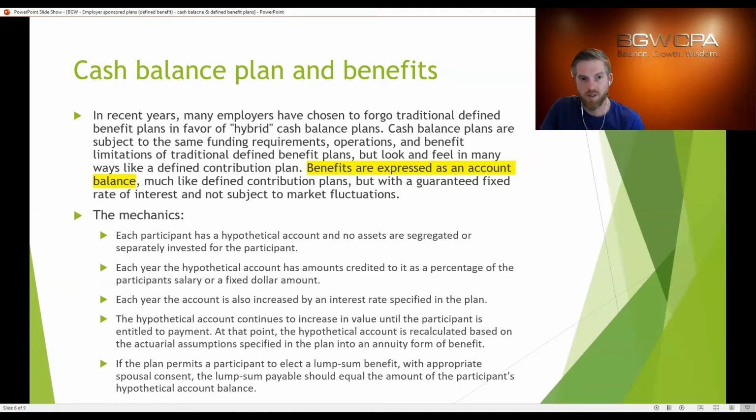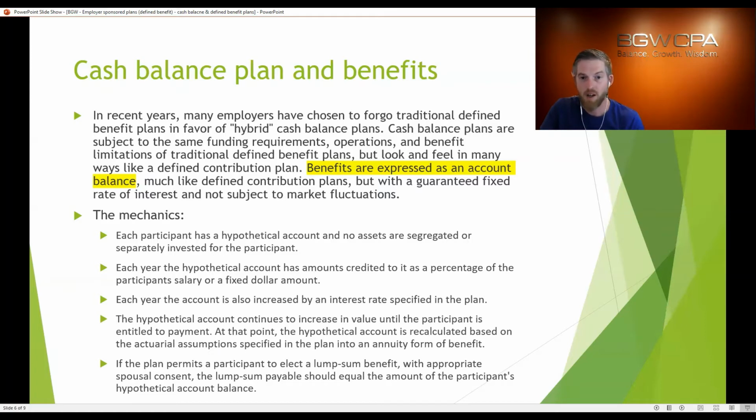The way this works is each participant has a hypothetical account balance and no assets are segregated or separately invested for the participant. Each year, the hypothetical account has an amount credited to it as a percentage of the participant's salary or a fixed dollar amount. Each year, the account also is increased by the interest rate specified in the plan. The hypothetical account continues to increase in value until the participant is entitled to a payment.